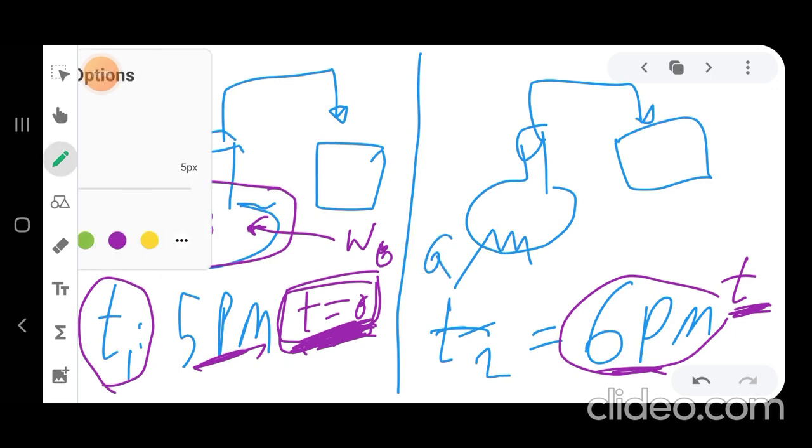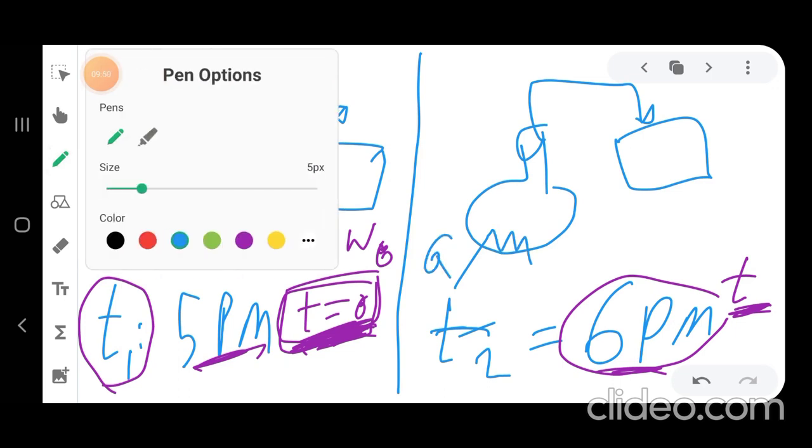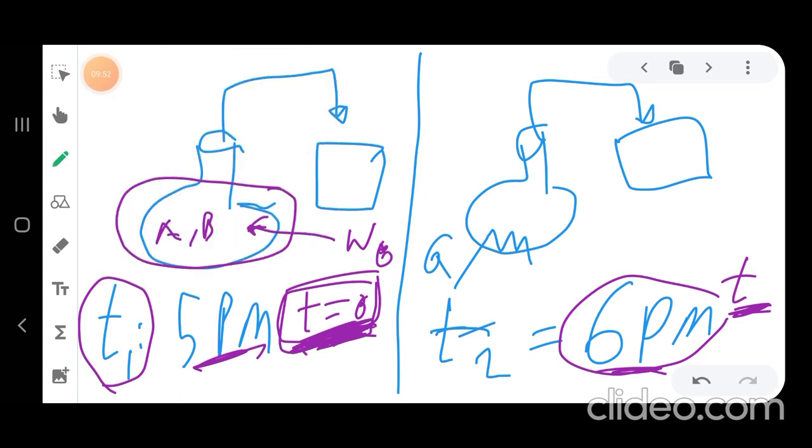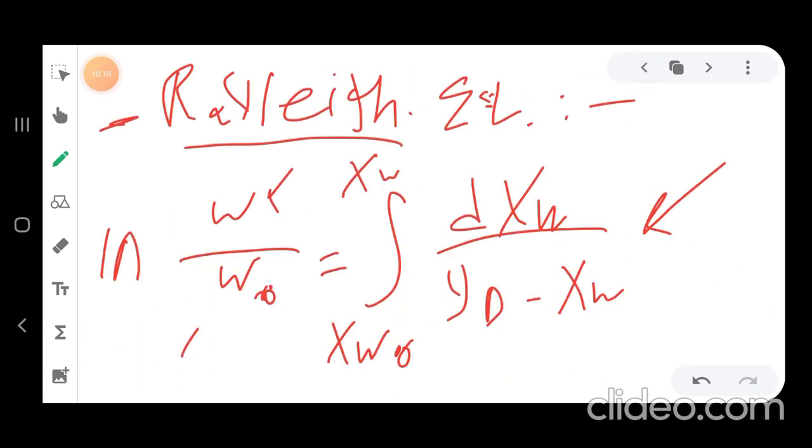So what's happening is that some amount of this liquid is vaporizing. As this vaporizes, what will happen to the quantity of the liquid? It will decrease, right? So the quantity, or the number of moles, of liquid left after the end of the process we call W. So this is W and this is W naught.